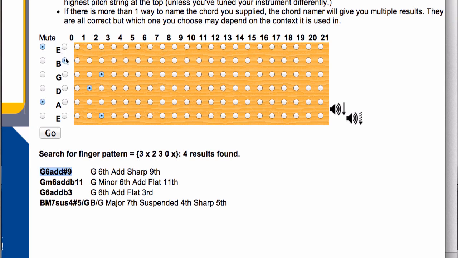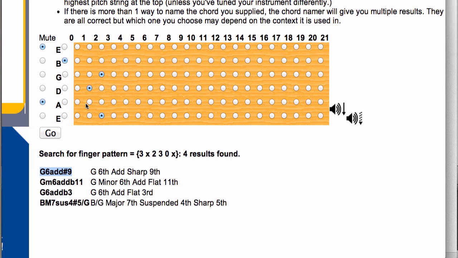G, A, B would be the 3rd note. And then we have the 6. And then sometimes I'll say the scale in my head. This is getting more advanced, but you can think G, 1, A, B, C, D, E. A lot of times I'll just count it on my fingers. G, A, B, C, D, E. So that's the 6th note of a G major scale. So that's why there's a 6 here.